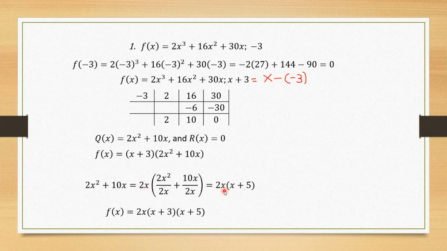We have 2x times x plus 5. So altogether, this quotient we can write as 2x times x plus 5. Now I put the 2x in front here. I mean, if you left it in the middle, that's fine.